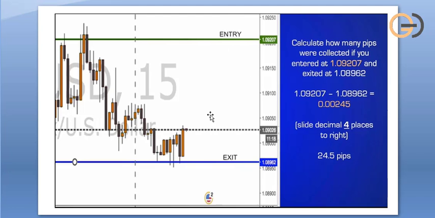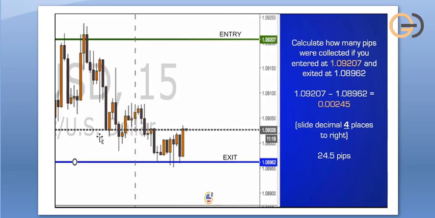So for example, this is a typical Forex chart. You have the entry point, you have the exit point, and these are the price rates. This is the chart of the NZD/USD, the price chart. Now you see the entry point here at 1.09207. We enter the market here and we exit the market here at 1.08962.